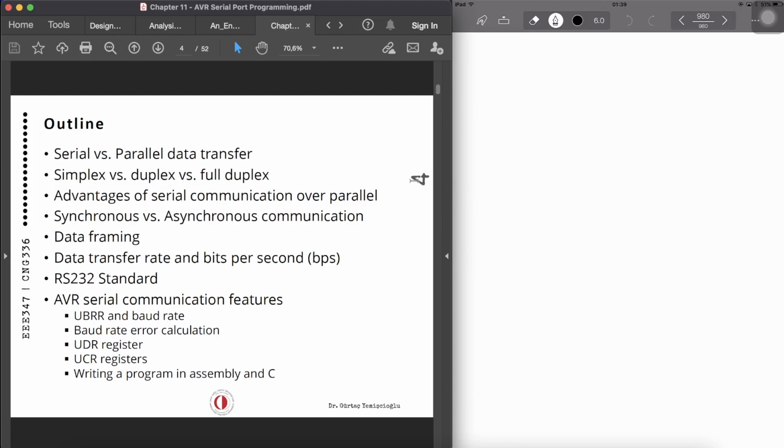It's cheaper, and in serial communication, we use parallel-load, serial-out shift registers so that we can convert the parallel data into serial, or serial-in, parallel-out shift registers where we can convert serial data into the parallel.